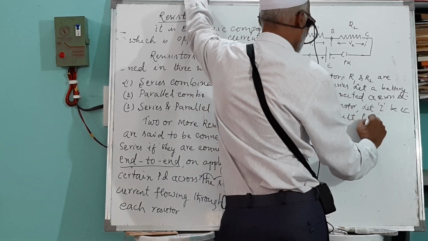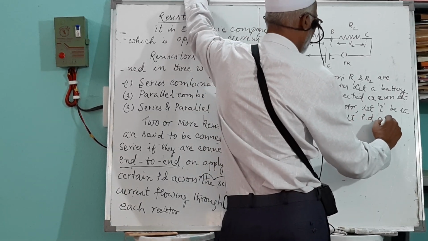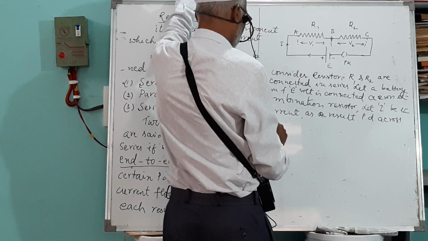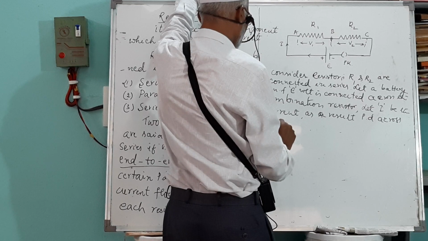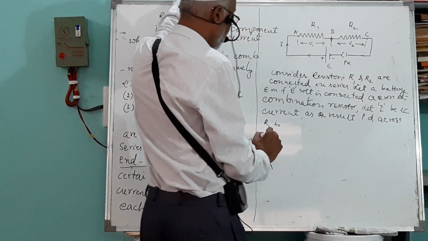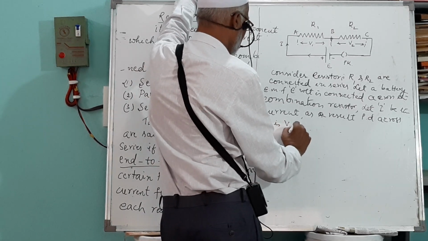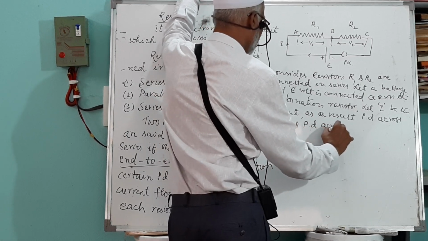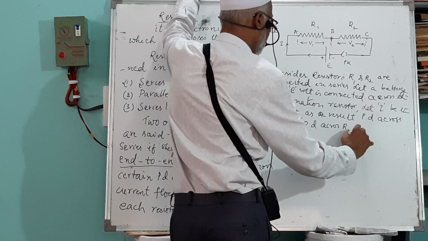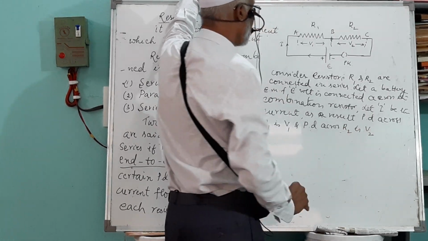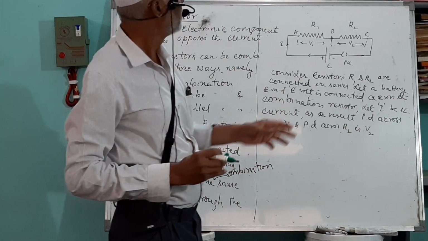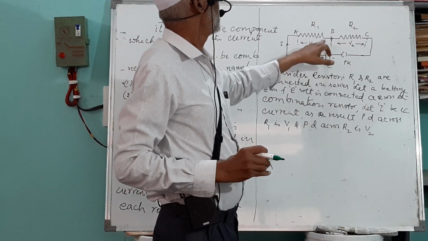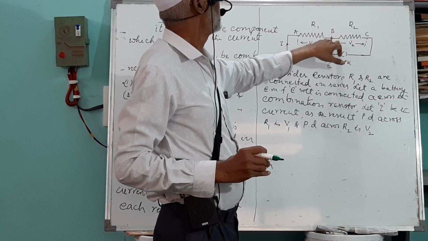As a result, the PD across R1 is V1 and the PD across R2 is V2. This is the series combination of resistors, because one end of one resistor is connected with the other end of another.